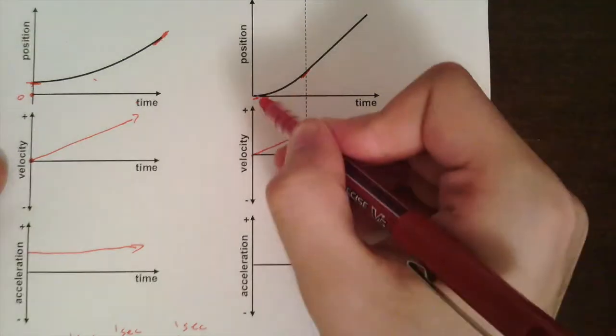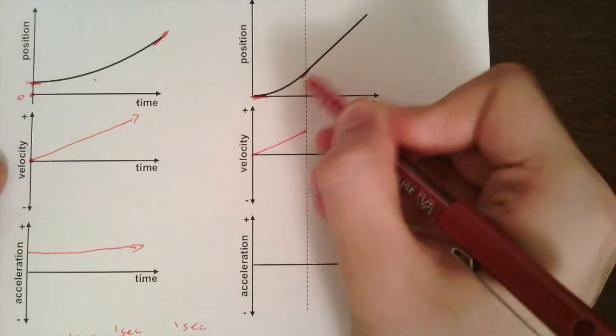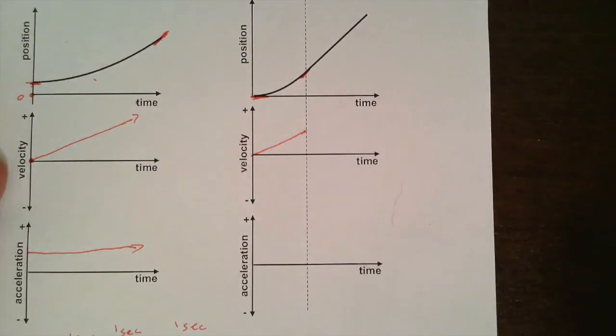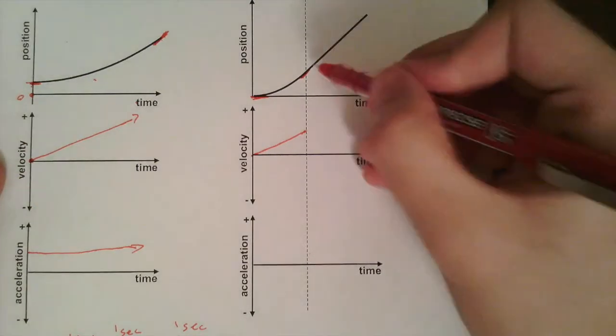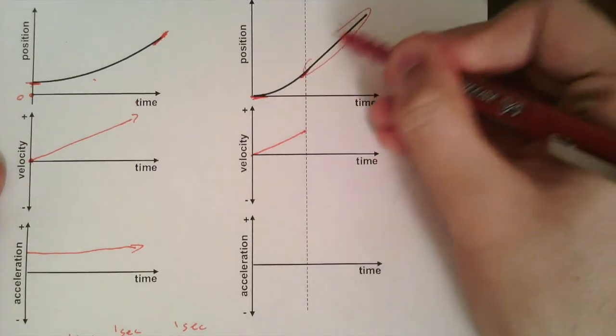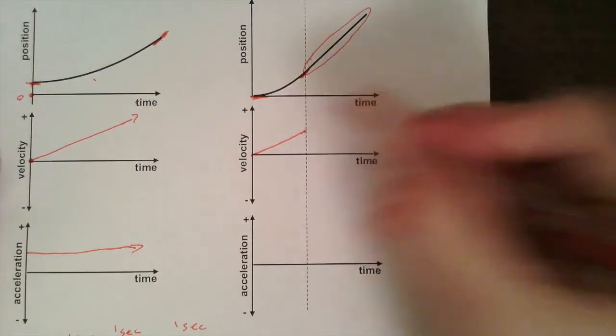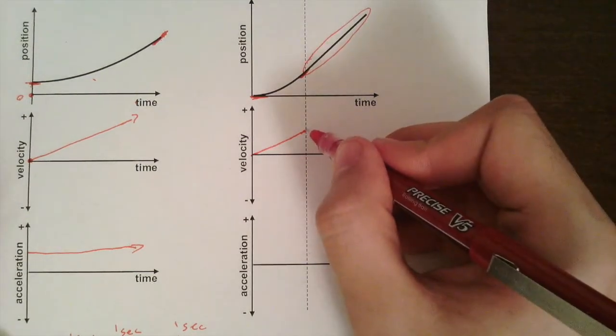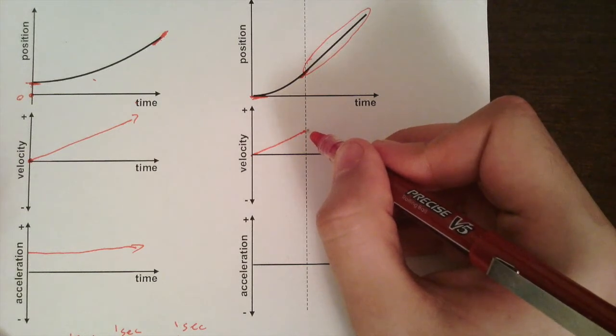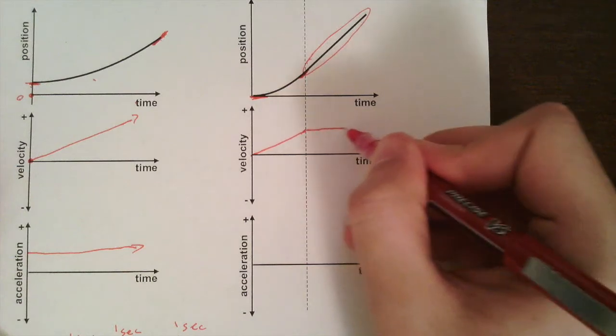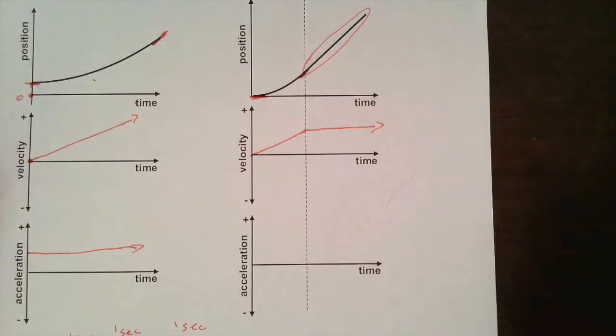All I'm doing is looking at the slopes at these 2 points. Now, the rest of this time, this entire length right here, is a constant slope, so my velocity is going to be constant.